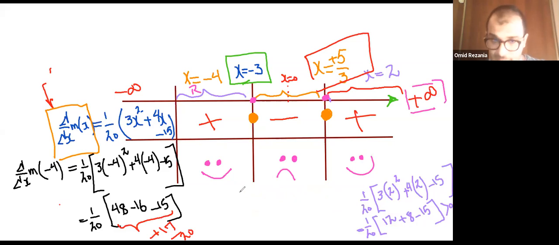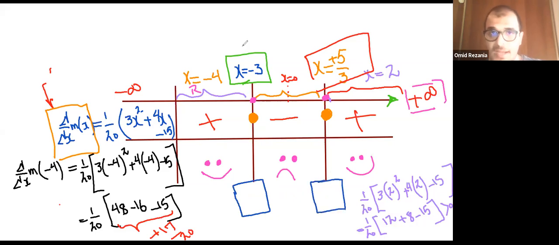Okay. The quotient stands for this point, the first critical point, and the second critical point. What are they going to be? For the first one, we are moving from a positive slope to a negative slope of a tangent line.